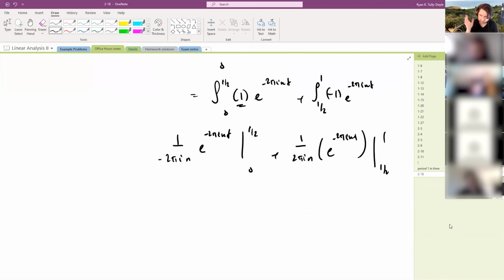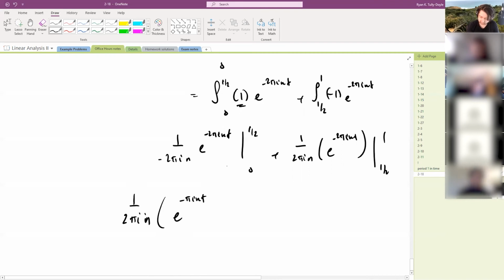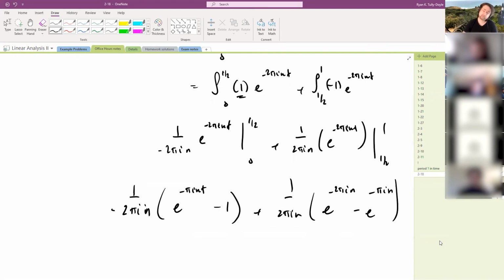What you're going to get when you plug in the limits of integration is, there's actually something else we're going to have to deal with. So I'm just going to do it. 2 pi i n, and then we have an e to the minus pi i n minus 1. I know I forgot a negative. And then e to the minus 2 pi i n minus e to the minus pi i n. Why does it matter if n is even or odd?